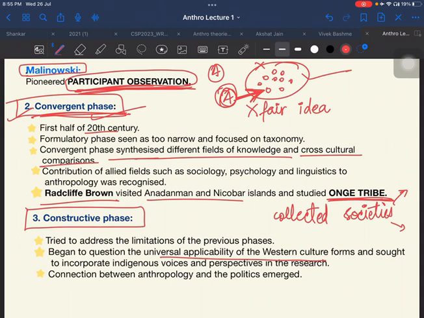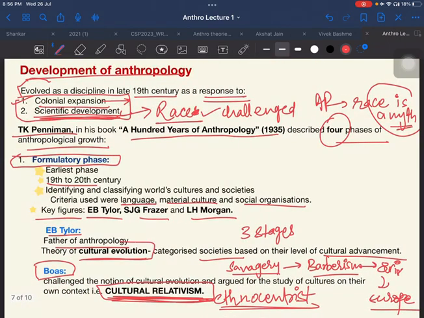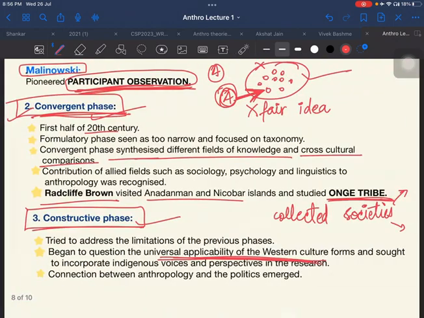Because of this, there was criticism of that ethnocentrist point of view, and that criticism became very loud during the constructive phase, because in this phase, anthropologists from various corners of the world came forward and they put their own theories challenging the cultural evolution theories of the earlier anthropologists.